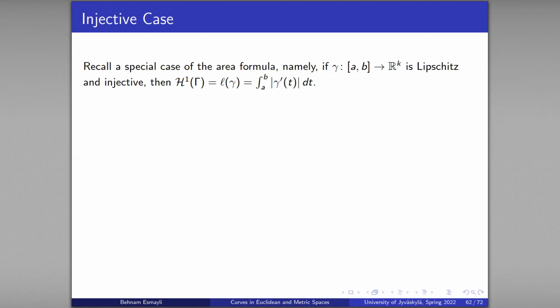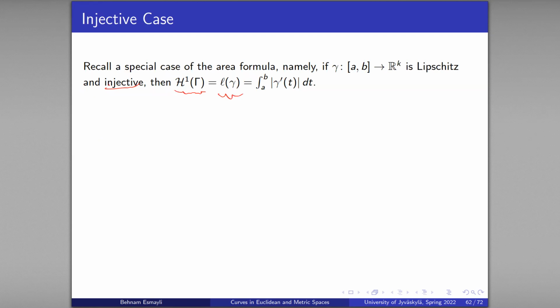The starting point will be this special case of what we call the area formula, namely that if you have a Lipschitz curve into a Euclidean space that is injective, then the Hausdorff-1 measure of its image is the same as the length of its parameterization.